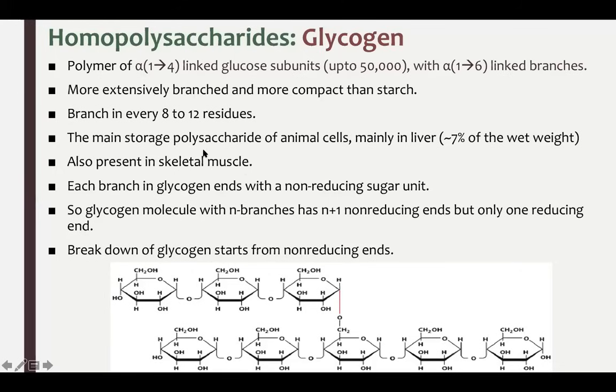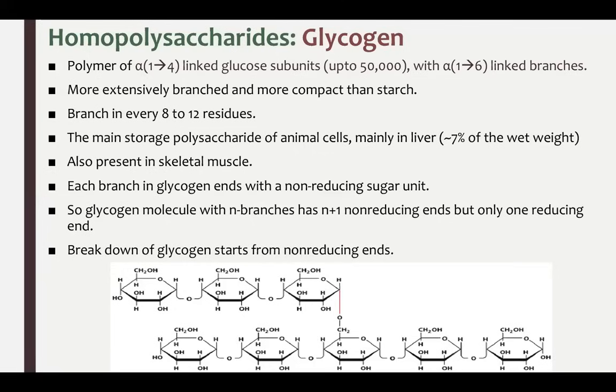The main storage polysaccharide in an animal cell is glycogen, which is found in the liver, about 7% of its weight, and it is also present in skeletal muscle, but in a smaller amount. Each branch end of glycogen contains a non-reducing unit.